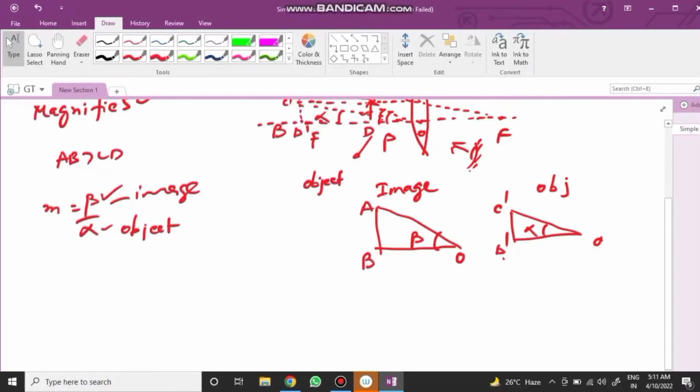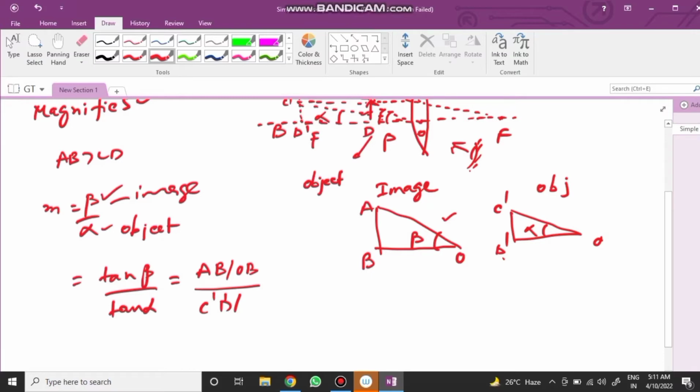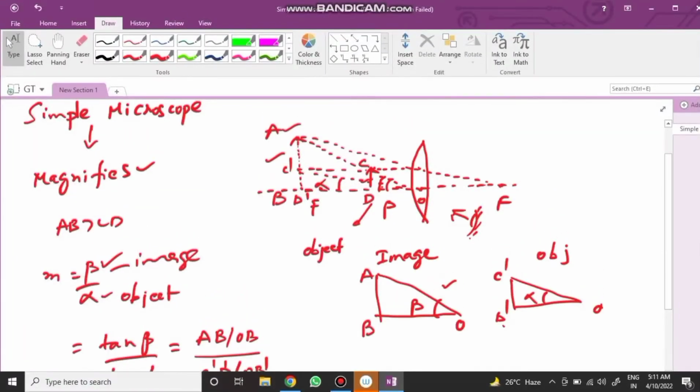Because these angles are very small, we can write the ratio as tan beta by tan alpha. Tan beta means you take this triangle: it is AB by OB, and this is C dash D dash by OB dash.